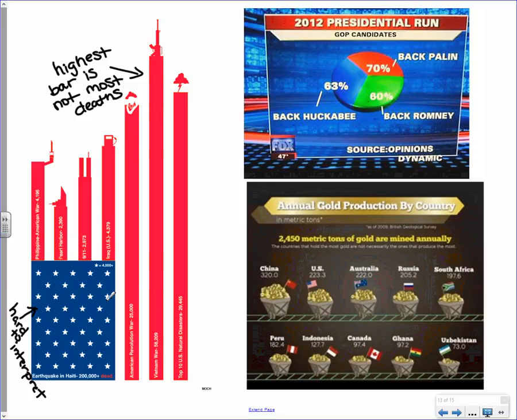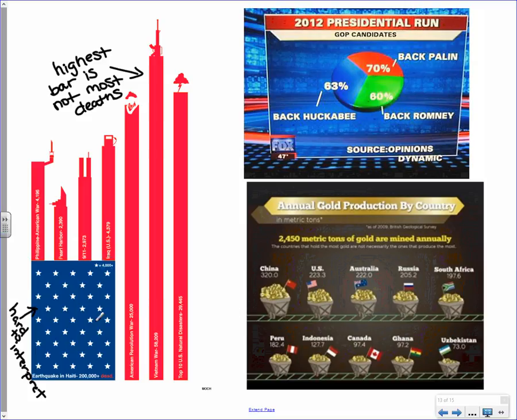However, you go over here to this blue square that's supposed to be like the American flag, and it says the earthquake in Haiti has 200,000 plus deaths. So each star is actually 4,000 deaths. So that means this one star is about equal to this bar, which is 4,300 deaths from the Iraq War. Now, you can't tell that just by looking at this. The only way you can figure that out is to read closer, figure out, okay, each star is 4,000.